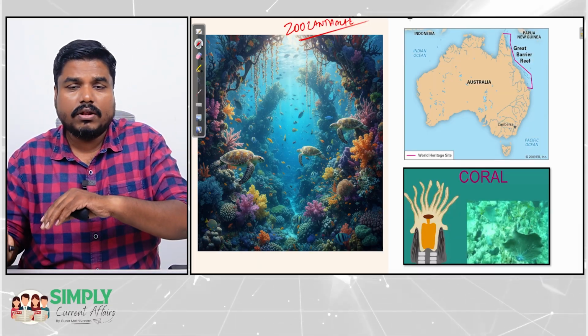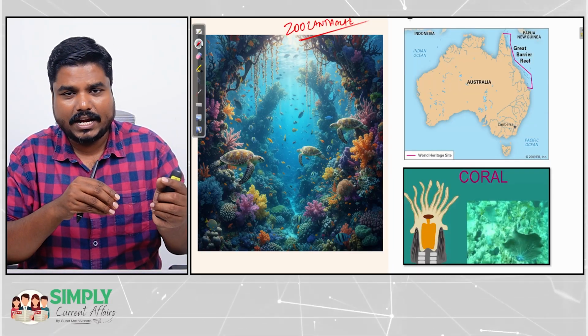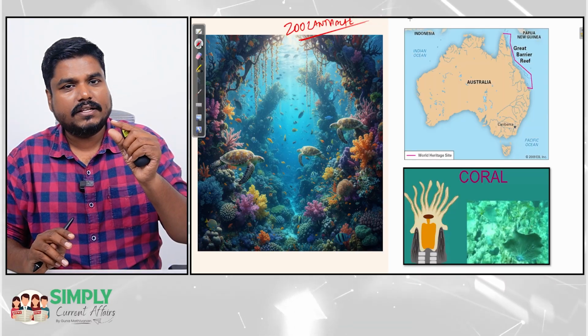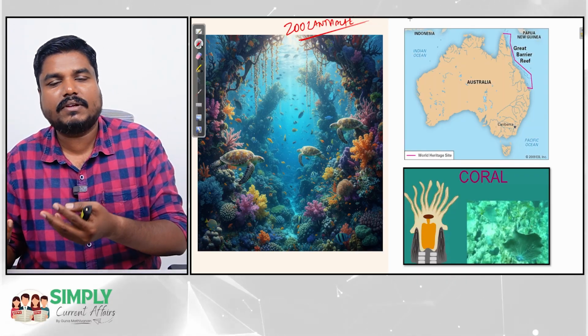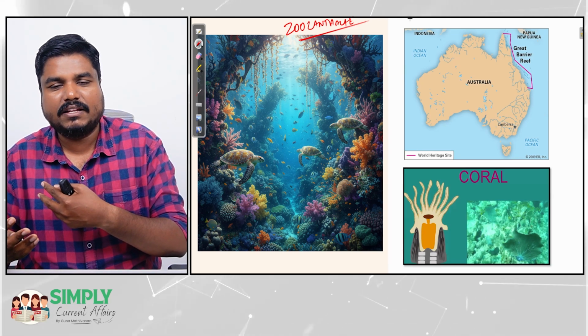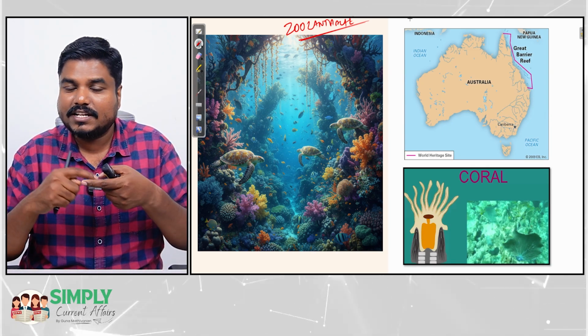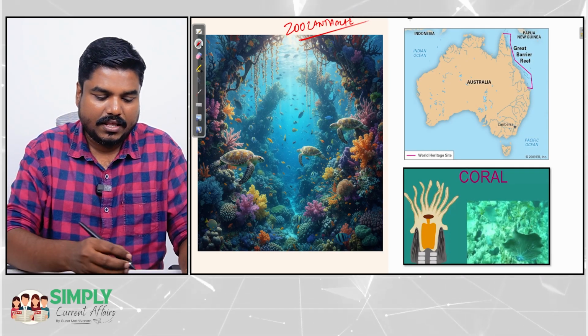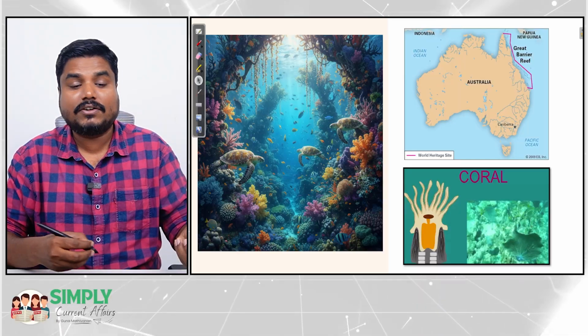In return, corals will give food and shelter for the algae to stay. So, the presence of this algae inside the polyp is beneficial for both. The polyp is also getting benefited, the algae is also getting benefited. That is why we refer to this relationship as symbiotic relationship. So, the presence of zooxanthellae is what gives all the color to the corals.